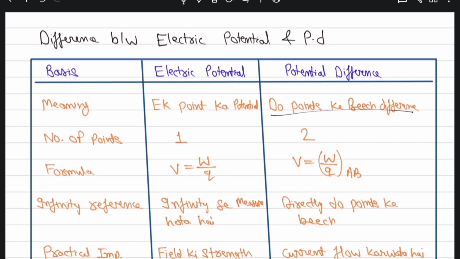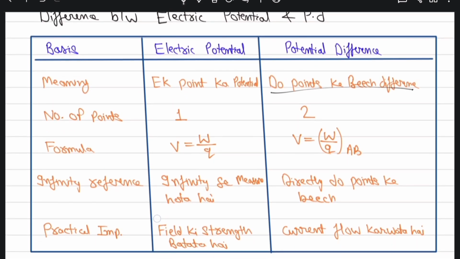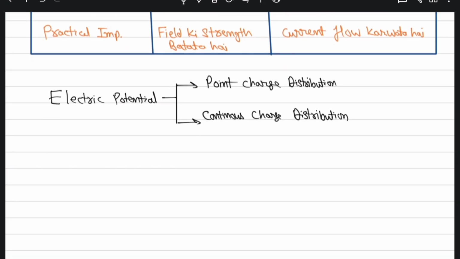Here infinity is the reference, electric potential is measured from infinity, but potential difference is measured between two points. Practical importance: electric potential gives the idea about field strength. Potential difference helps in the flow of current in a circuit, right?